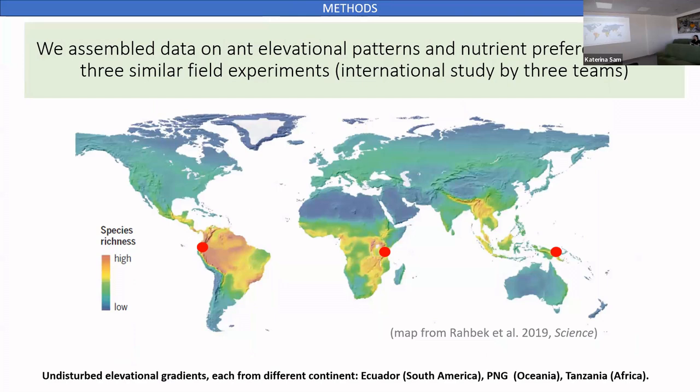As you can see from this map from the Rahbek study in the background, which shows where the highest species richness is globally, these mountains were not only very high, going from lowland up to the forest line where we sampled the ants, but they are also in the highest diversity hotspots on different continents.